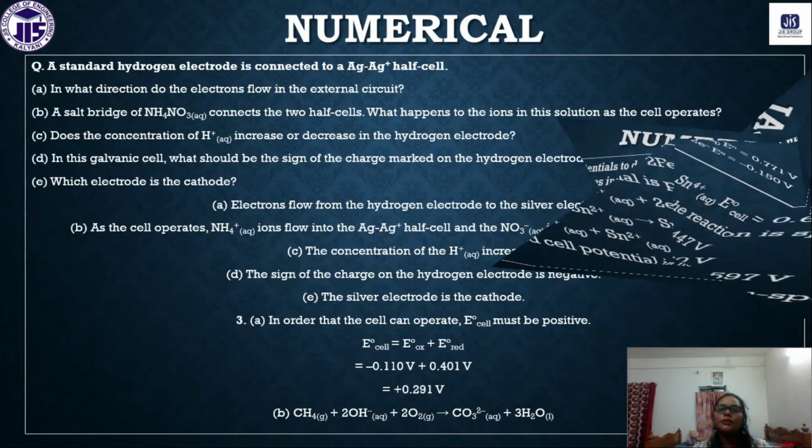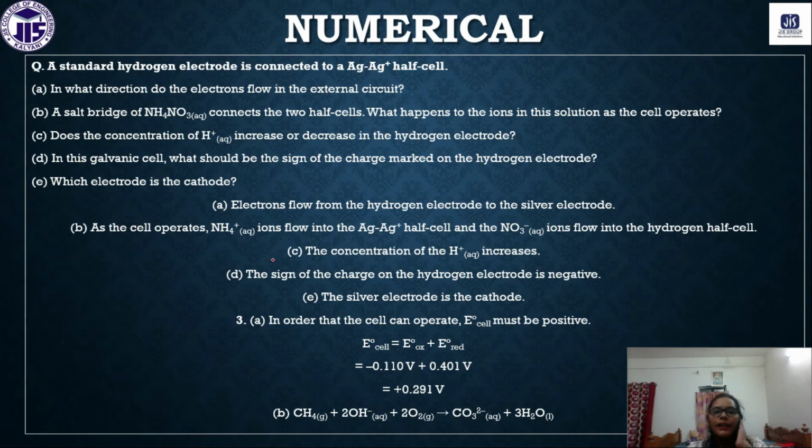Okay, next question is, a standard hydrogen electrode is connected to a silver plus half cell. Question A, in what direction do the electrons flow in the external circuit? That depends upon the reduction potential and oxidation potentials. A salt bridge of ammonium nitrate connects the two half cells.